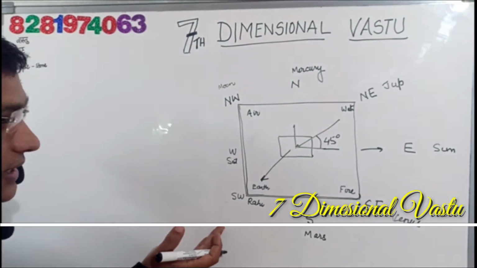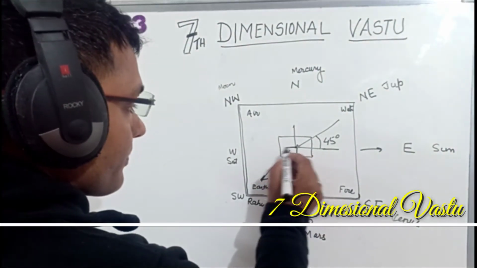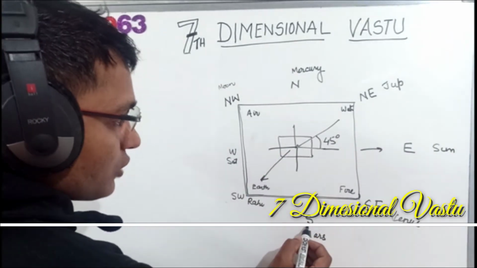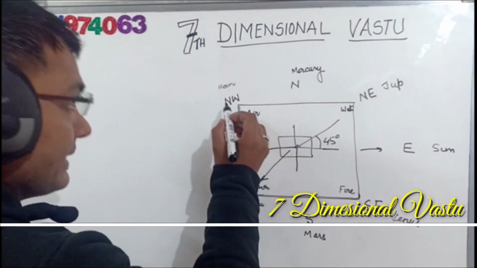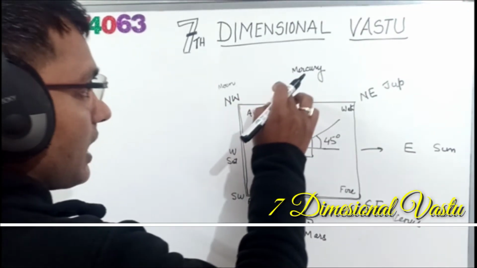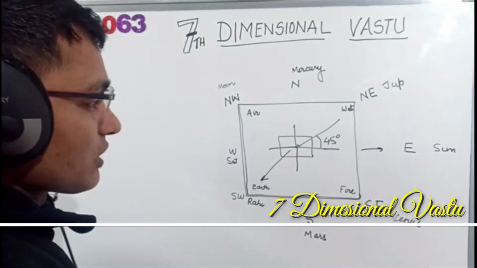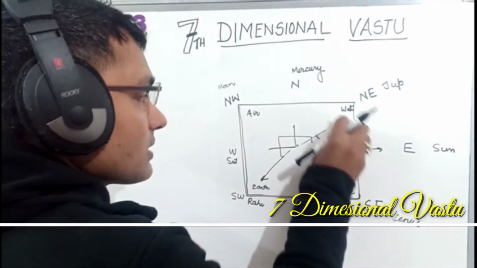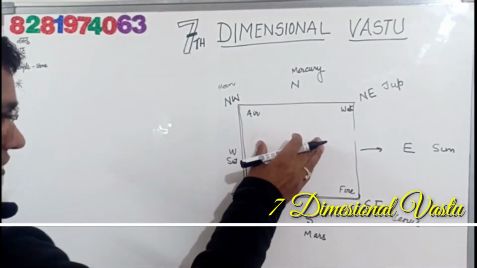In the center it's also 45 degrees to either west or south. Same way, northwest is 45 degrees to either the north or the west. So simply you understood that first of all you have to find out the directions.